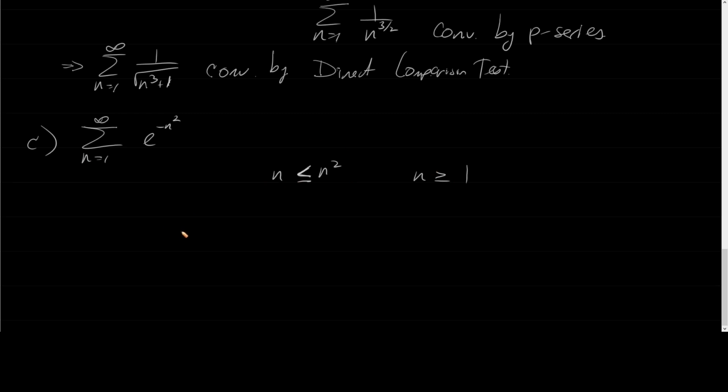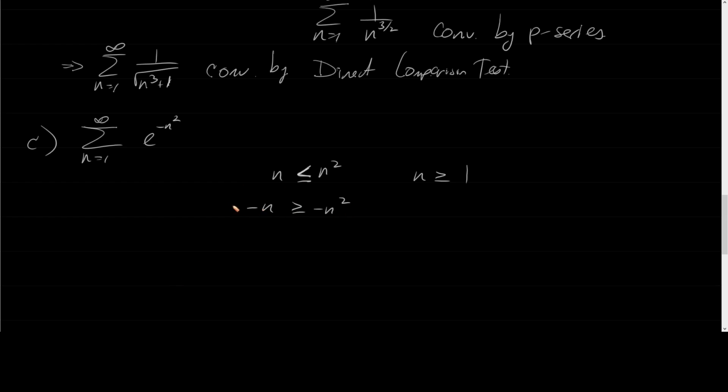So how is that helpful? Well, that tells us now that if I take the negative of all of this, negative n squared is less than or equal to negative n, because I negated everything. Perhaps I should write it this way: negative n is greater than or equal to negative n squared.